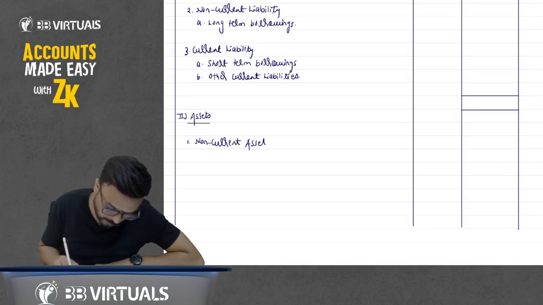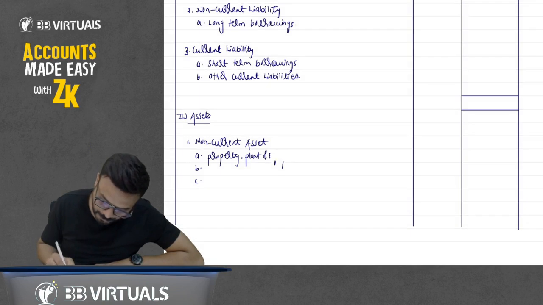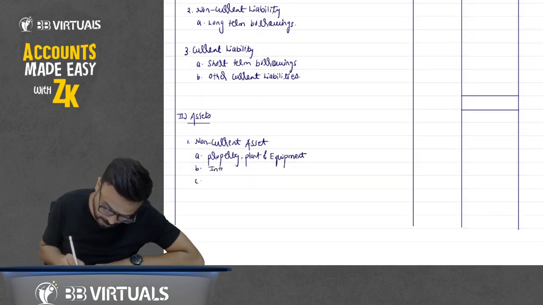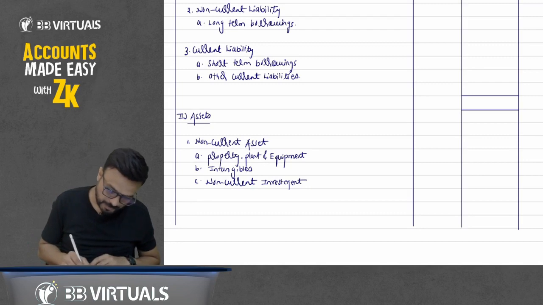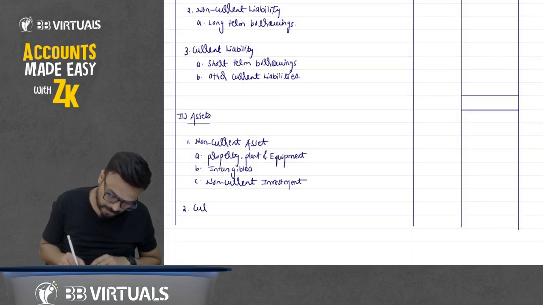Under it, property, plant and equipment, then intangibles, and then non-current investment. And then write down the second point here, current asset.